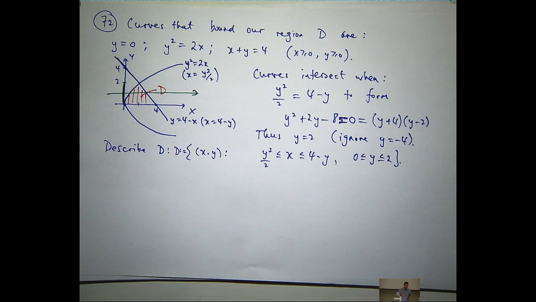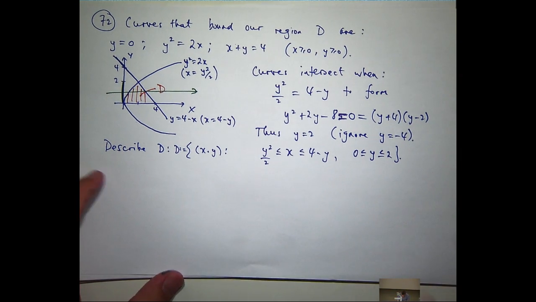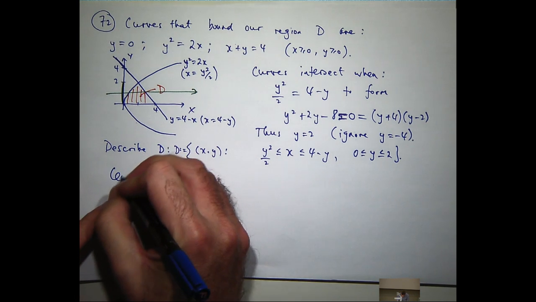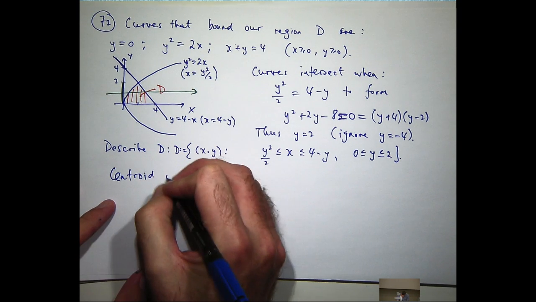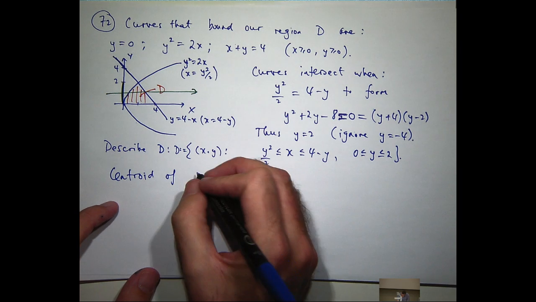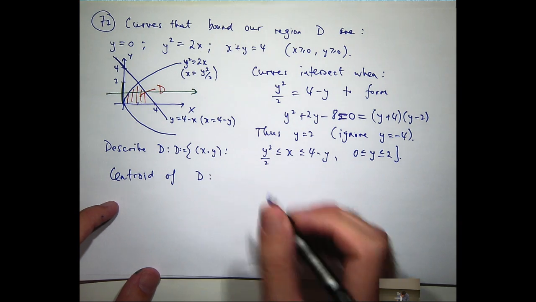Okay, so what is the formula for the centroid of a region? Well, the centroid of D is just the following.